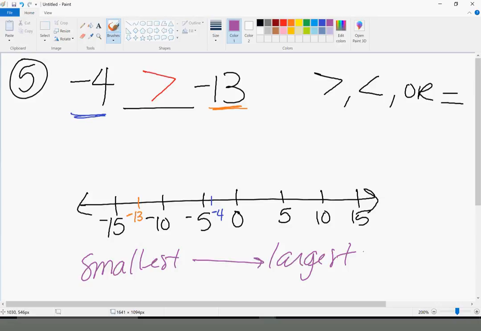Okay? So since -13 is on the left side of -4, it means that -4 is greater than -13. Another way that people kind of remember which sign is which, they'll say the alligator opens its mouth to the bigger food. So this would be saying that -4 is greater than -13. All right? Any questions about that?